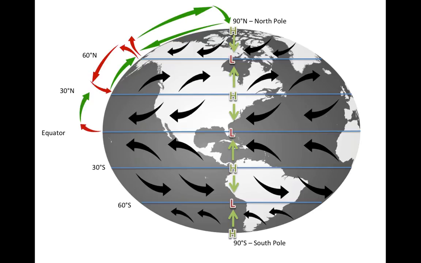The Hadley cell, found by George Hadley, is a closed circulation loop, which begins at the equator with warm, moist air lifted aloft in equatorial low-pressure areas to the tropopause and carried poleward. At about 30 degrees north-south latitude, it descends in a high-pressure area.